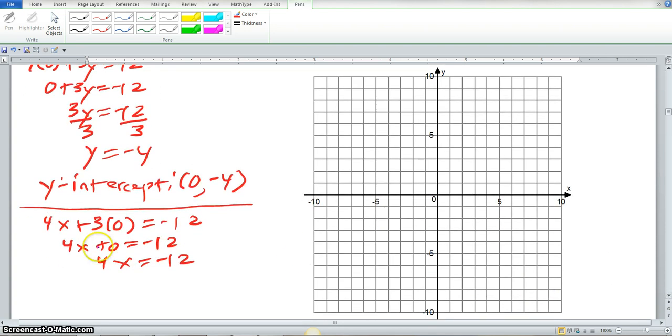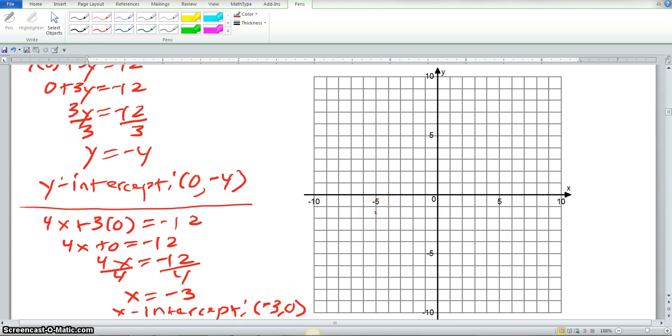Then we have to divide each side by 4. And x is negative 3. So your x-intercept is the ordered pair negative 3, 0. Because remember, y must be 0.